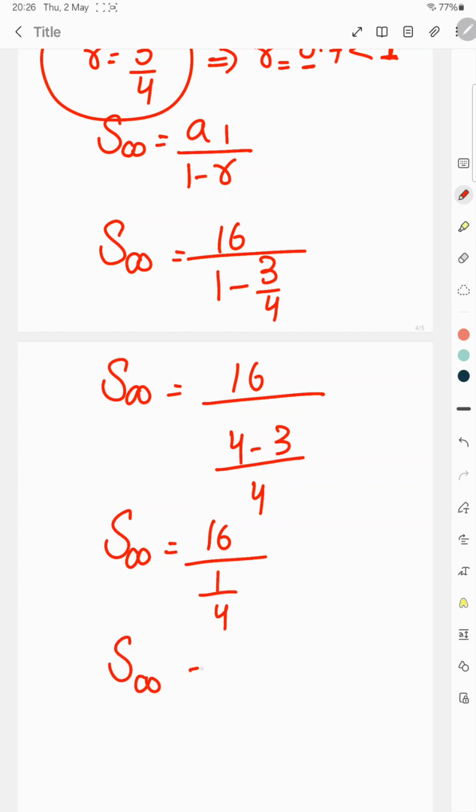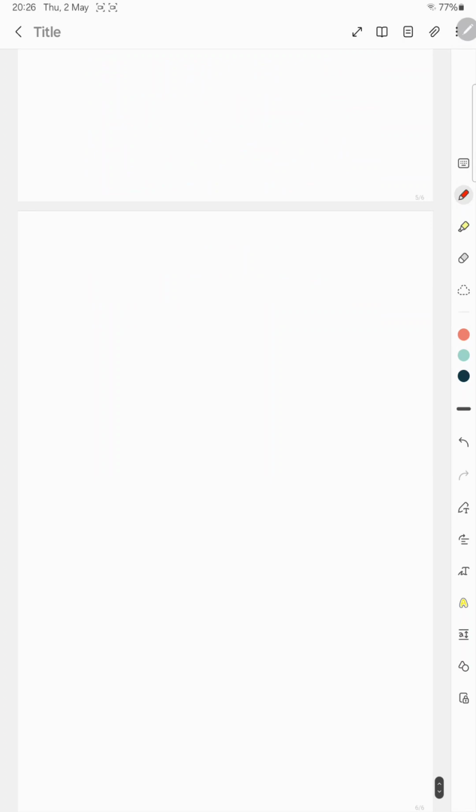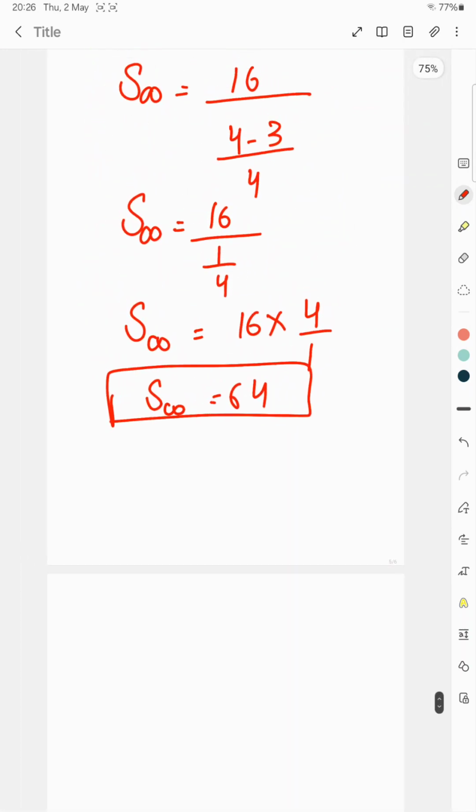So just shift 4 upward, and the values will flip, and I get 16 times 4 is 64. So student, that is the sum of the given infinite geometric progression. Okay, so I just find the value and your answer is just completed.